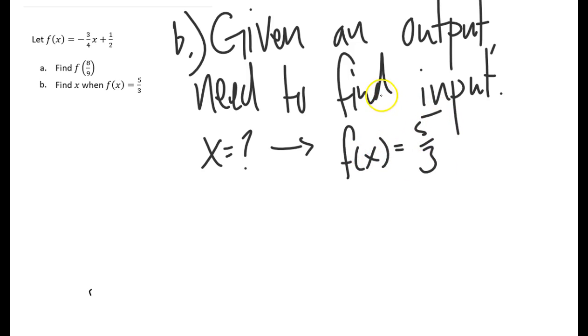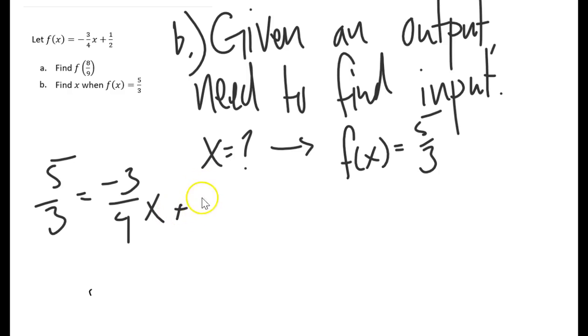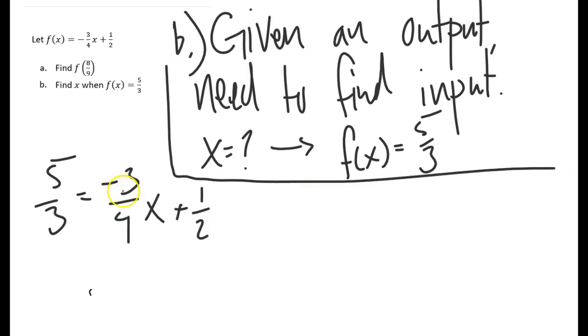Okay? So I can do some math to figure that out. I can set this up. 5/3 is negative 3/4 x plus 1/2. Alright, we'll be working on this equation.